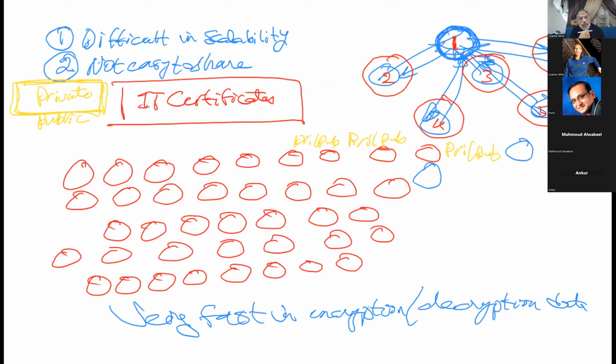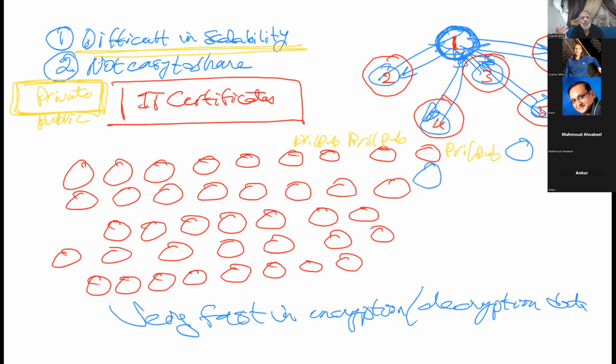Okay, that's fine. Then what will be the benefit here? Does this approach solve the disadvantages of the symmetric method? Let's see. Difficult scalability. Here, scalability is very easy. Why? Because even if you have multiple keys, there is no need to keep all these keys in some place.